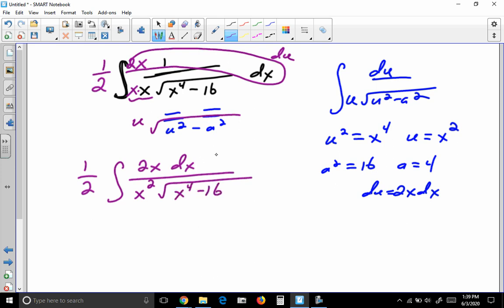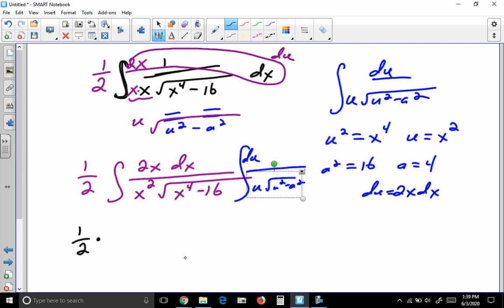So this is du on top. That's u square root of u squared minus a squared on bottom that we're trying to integrate. So that integrates into, front.